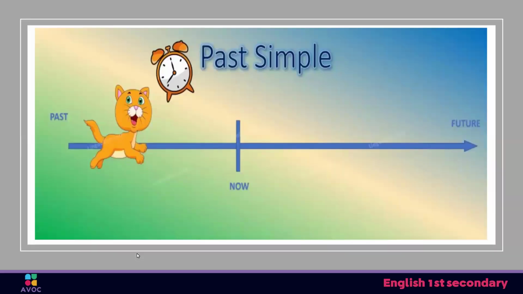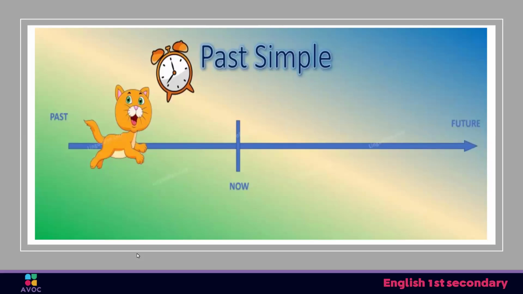Let me start with the past simple tense. And as you can see here in the timeline, it is divided into 3 parts on the screen. We have the middle point, which is now, which is the present. And what will happen after this point, we call the future, as you can see at the end of the line.